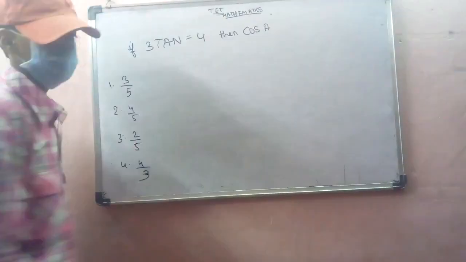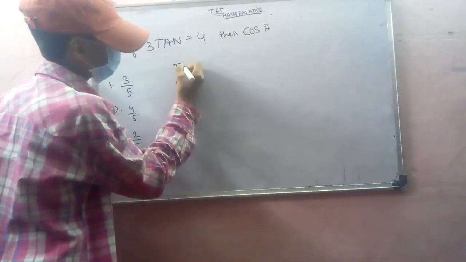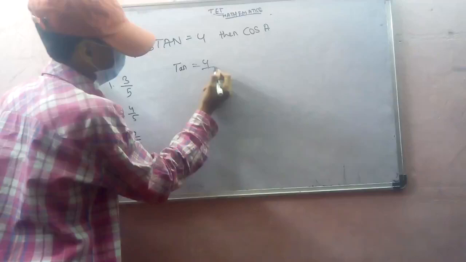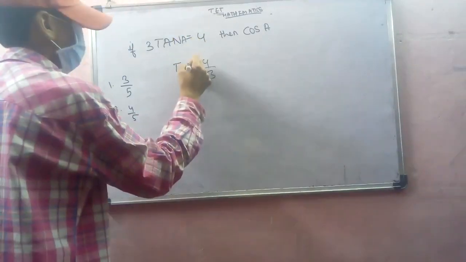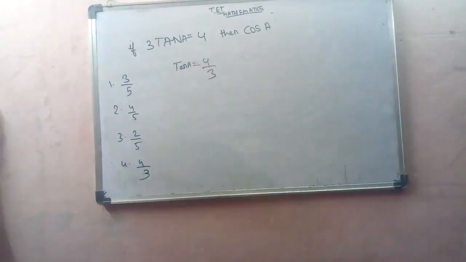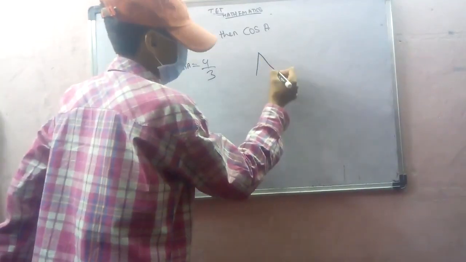If you transpose this, tan a equals 4 by 3. Now there is a right angle triangle.